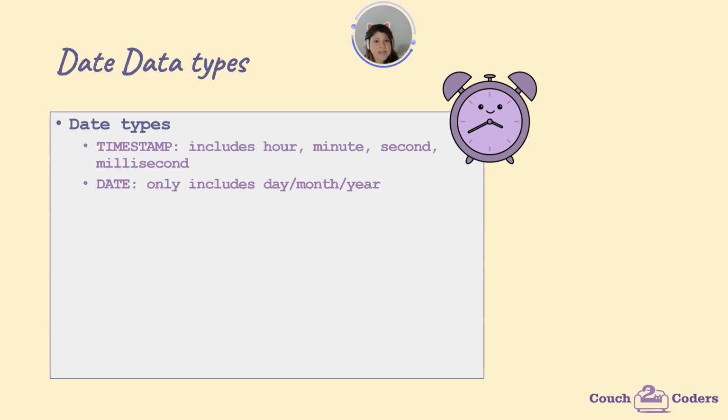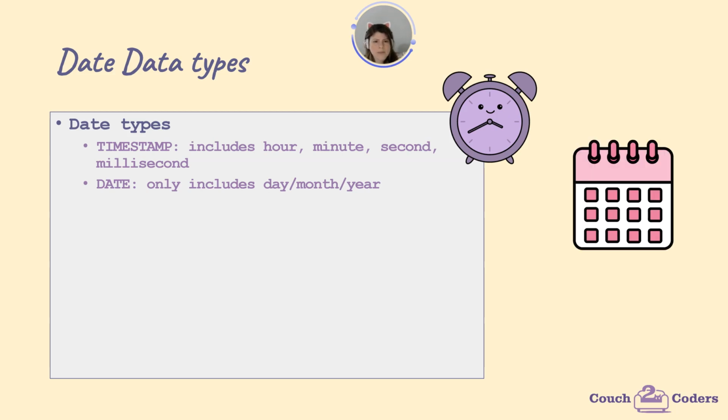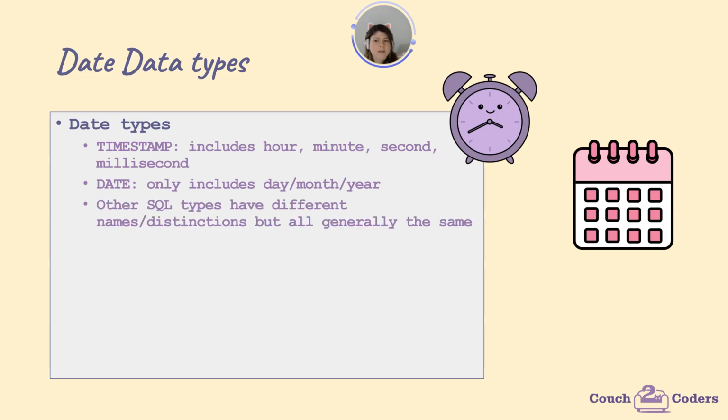Date is zoomed out a little bit. This is typically only at the day, month, year level. So when you think of that, you're going to think of a calendar date versus a timestamp. You're thinking down to the second. There are other date types within SQL, and they might be called different things if you're using BigQuery versus MySQL or different things. But in general, they're all the same. There's some level of date or timestamp.